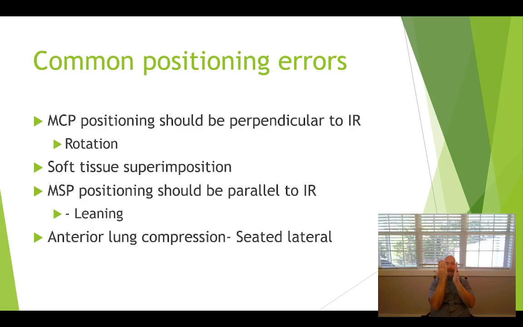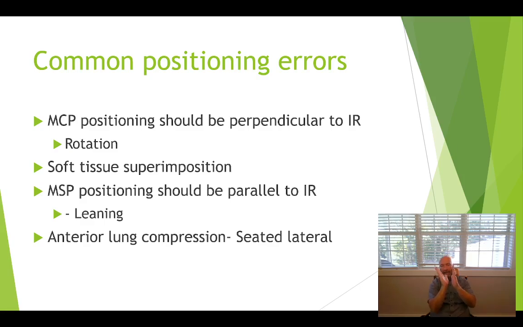So if we have non-perpendicularity, then what we have is rotation. We want to look for that soft tissue superimposition. Also, though, we want to look for mid-sagittal plane and whether or not it's parallel to the image receptor. Your mid-sagittal plane should be parallel to the image receptor.